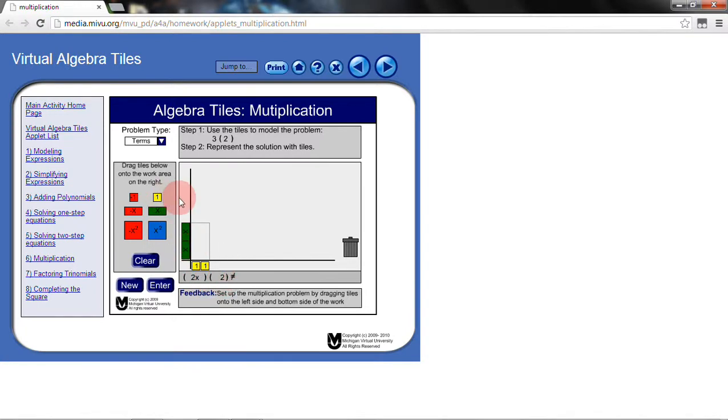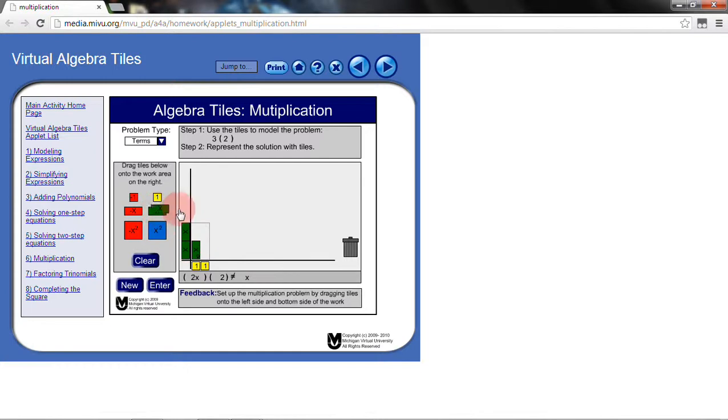The important thing you have to remember with algebra tiles is that your side faces have to match. So if I was setting this up and I was doing x times 1, you would have to make sure that the sides match. See here, my x side matches and my 1 side matches.